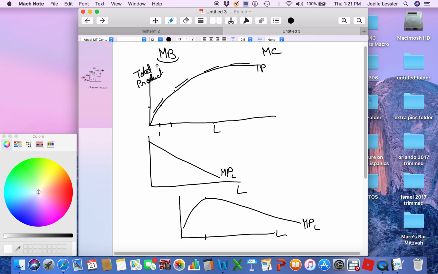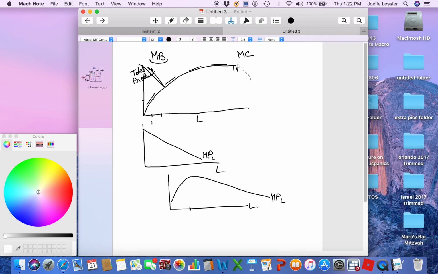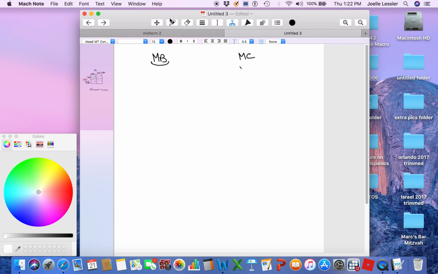Now, again, we're thinking about how much benefit I get from each additional worker. For each additional worker, the worker produces the marginal product of labor. Marginal product of labor says if I hire one more worker, how many baskets can this worker produce?